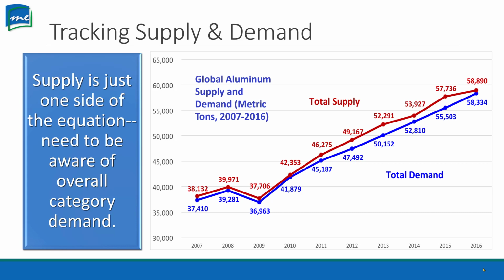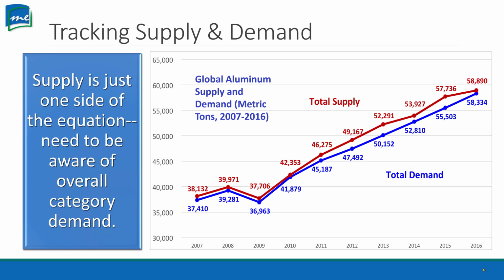We need to be aware of the overall category demand because you're not the only company that's sourcing that aluminum. You may not be the only company that's sourcing iron or sourcing this electronic circuit board. There may be competitors out there that are trying to take the product, and that may make it where you don't have the quantity that you need.